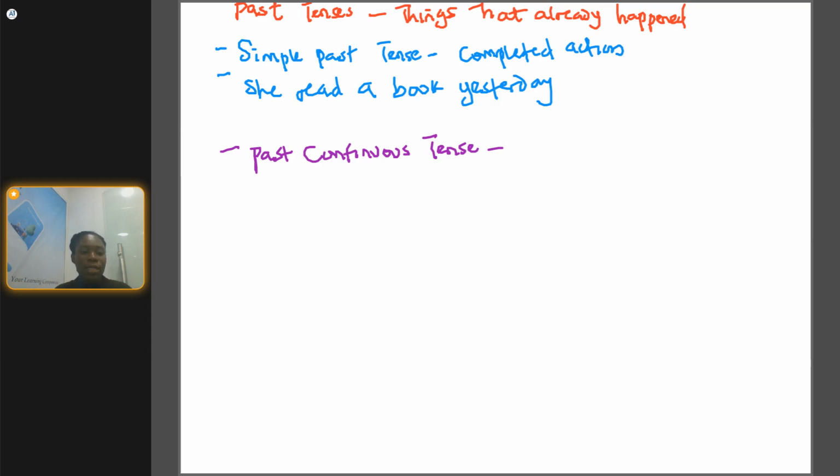Okay, so you can have an example like she was reading when I called. Something was happening when I did something, but both of these actions are in the past. So past continuous.